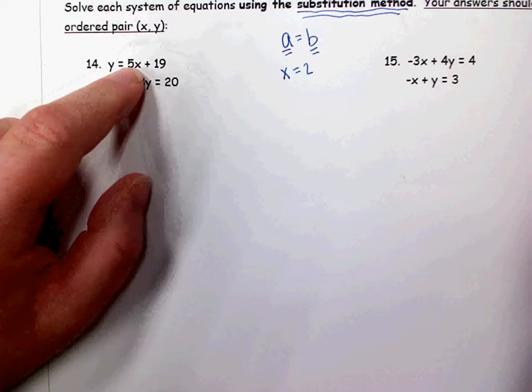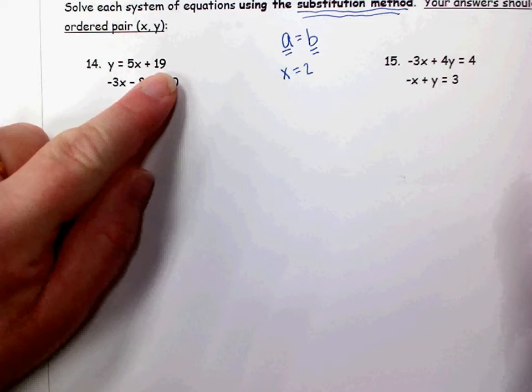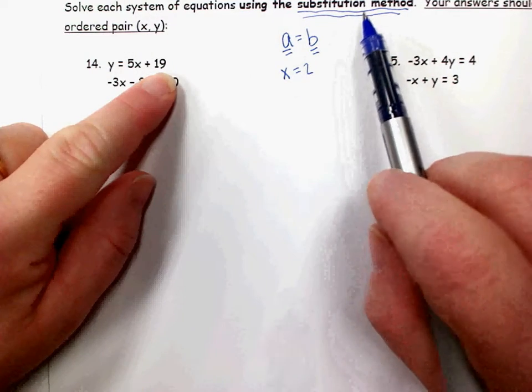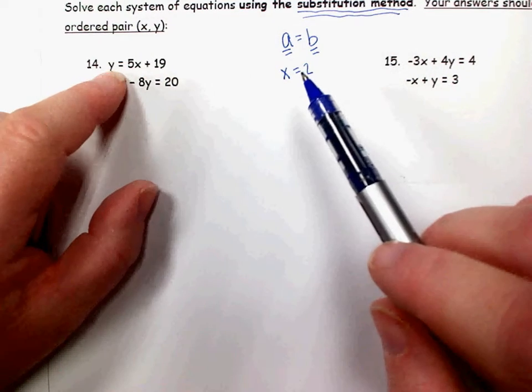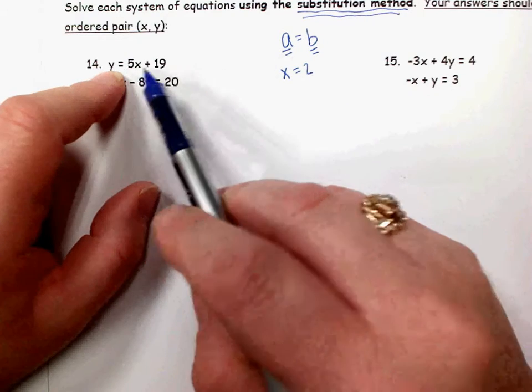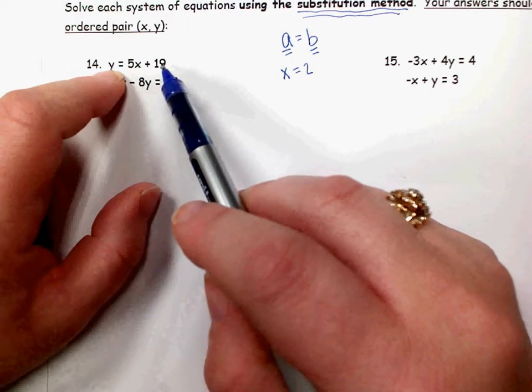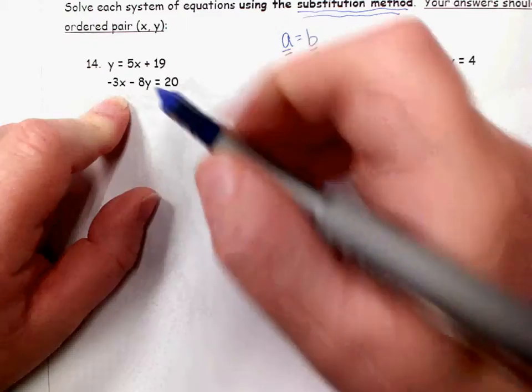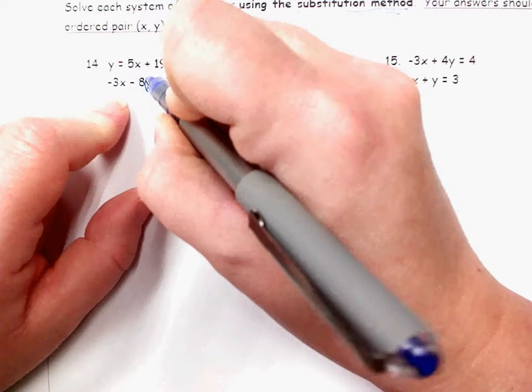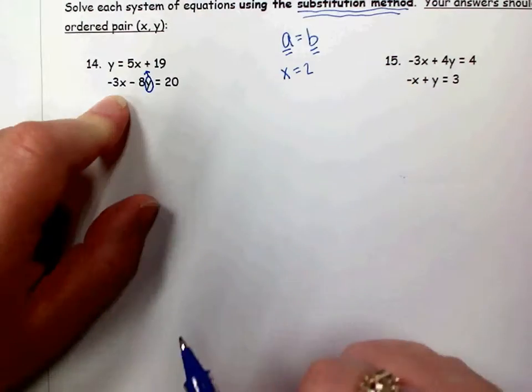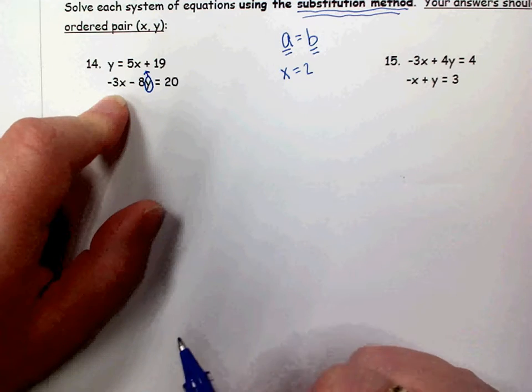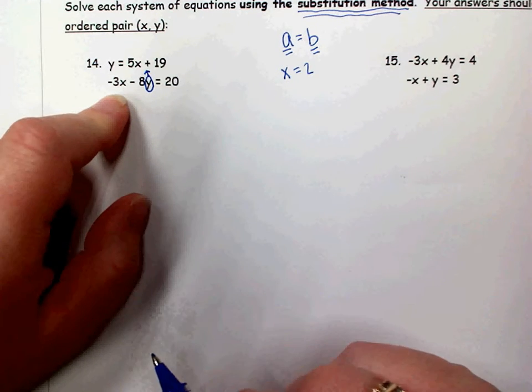y is equal to 5x plus 19. So using the substitution property, that means wherever I see a y, I can replace it with the 5x plus 19. So I'm going to go to my second equation, and I'm going to replace this y with 5x plus 19. Now, using parentheses here is very important, and we'll see why.